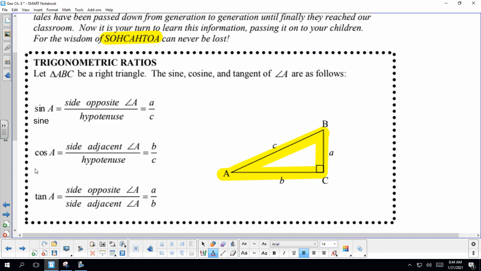Cosine is the fraction that is created, so cosine of the angle A, by putting the adjacent side over the hypotenuse.